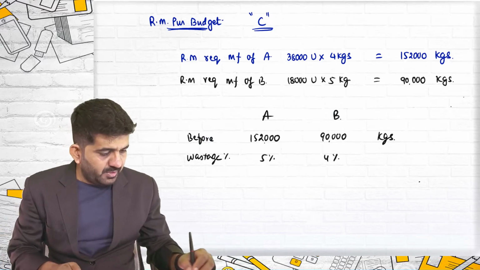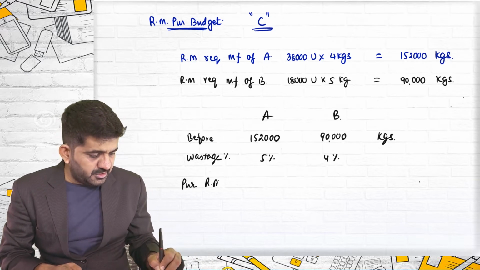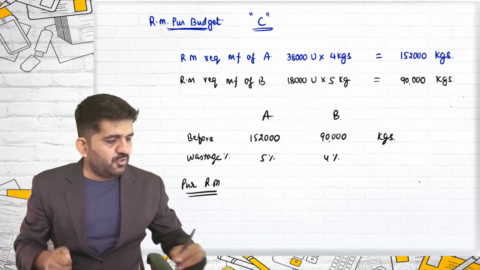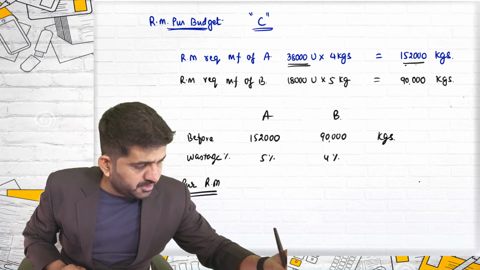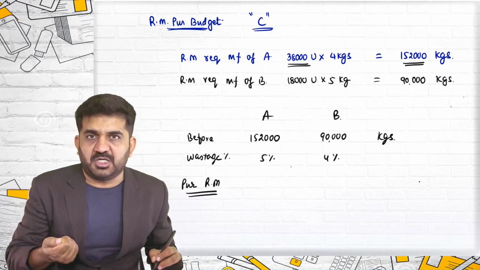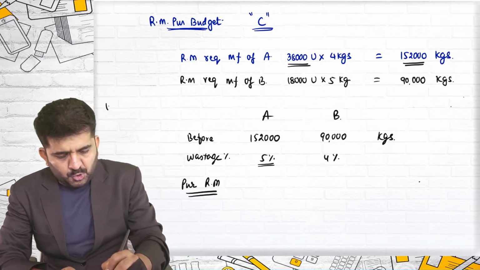So how much will you have to purchase of raw material for A? To manufacture 38,000 units of A, actually you need 1,52,000 kgs of raw material, but there is a 5% wastage in raw material also.